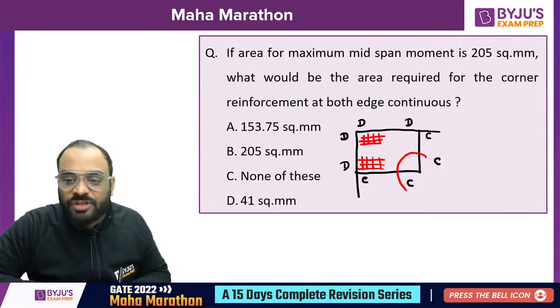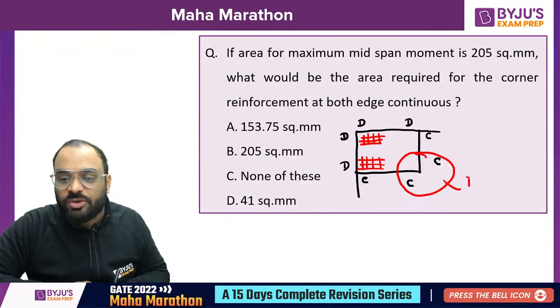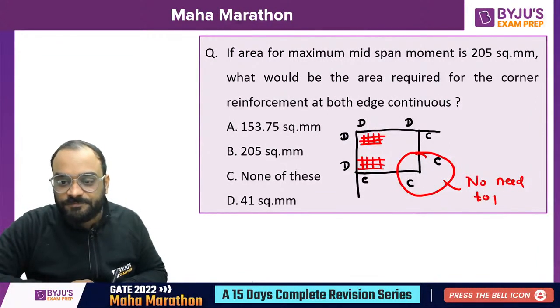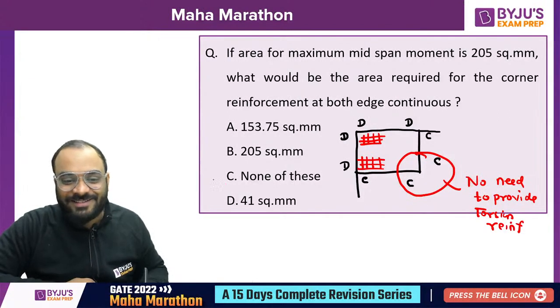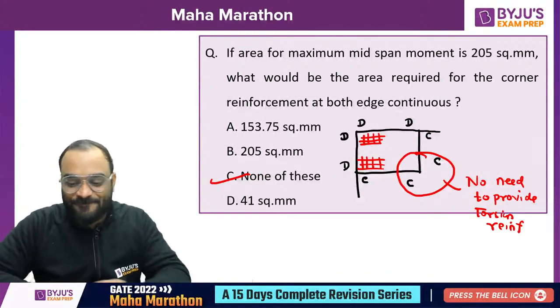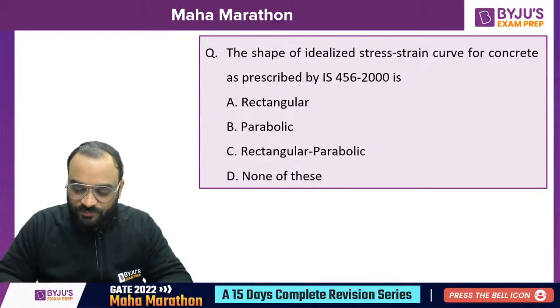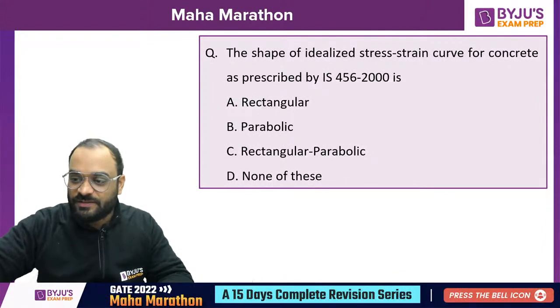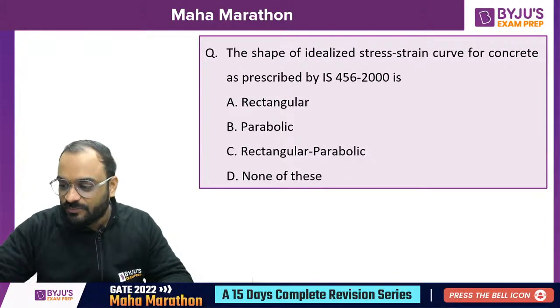But if you have both edge continuous, no need to provide torsion reinforcement. That's why the answer is C. Clear? Next question, guys.